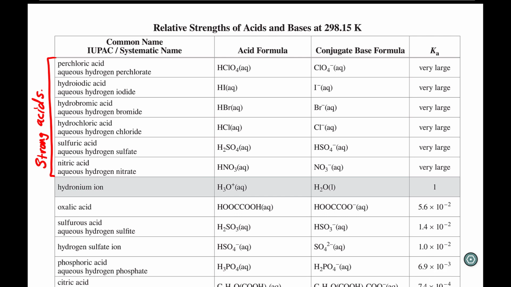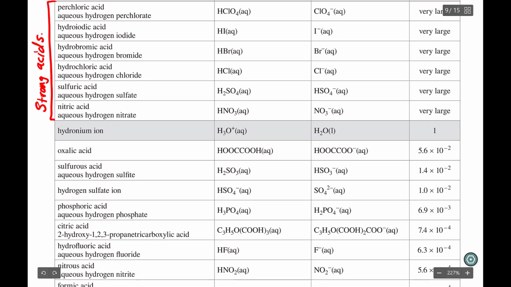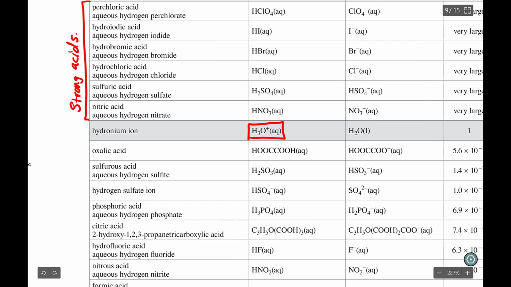It does help speed things up. So these are our 6 strong acids. And this is acid. Hydronium is acid. Anything that falls below here is going to be a weak acid. So this is where our weak acids begin. And as you go down, they become weaker.